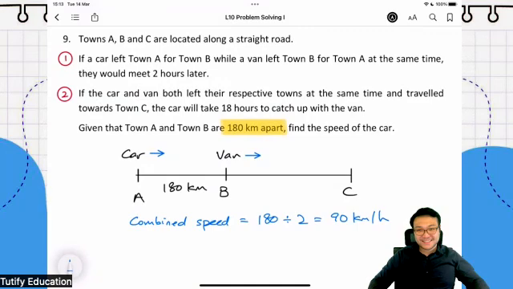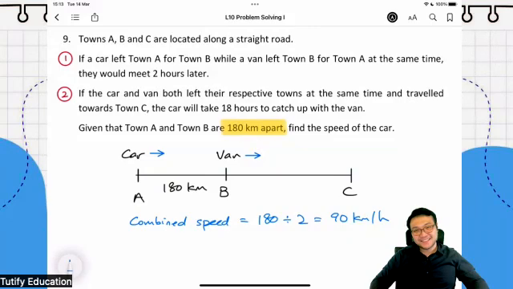Police car chasing the van. The police is trying to chase a suspicious looking black van, suspected of kidnapping some kids. So now the police is chasing the van. How long does the police take to catch the van?